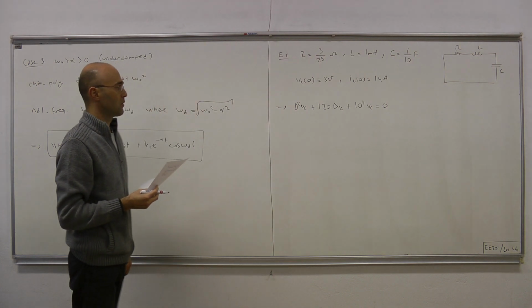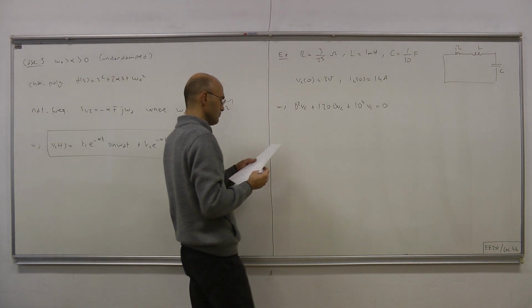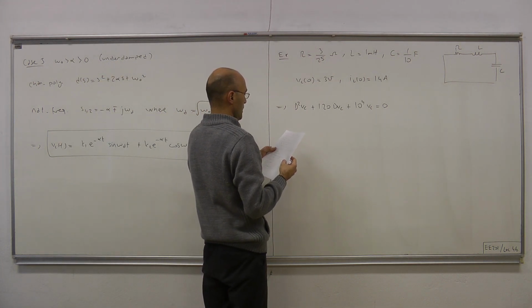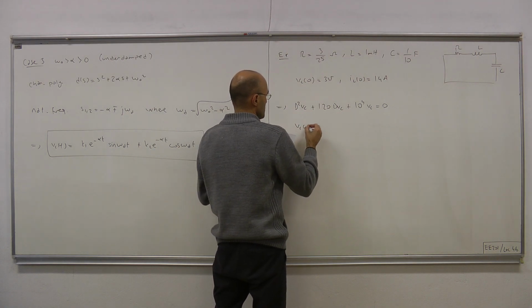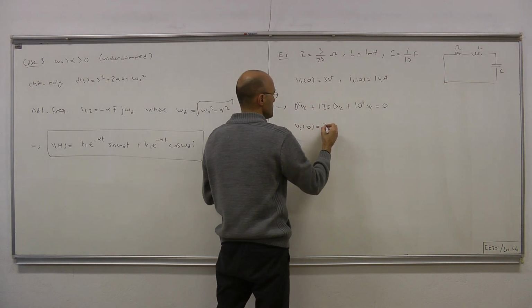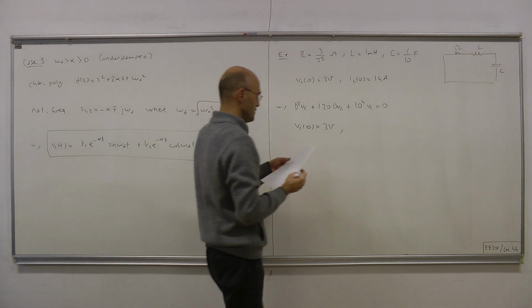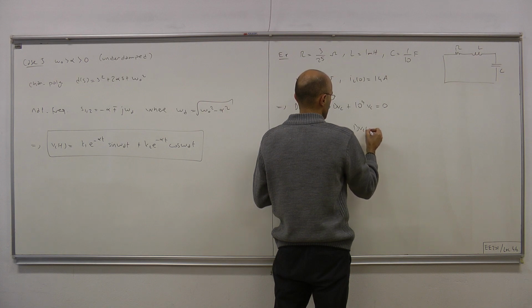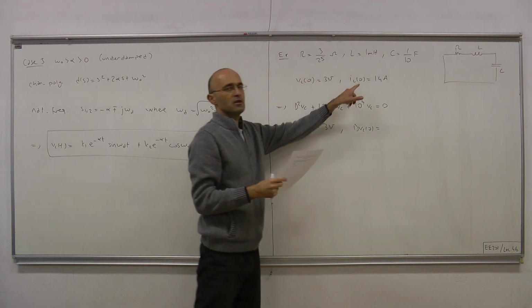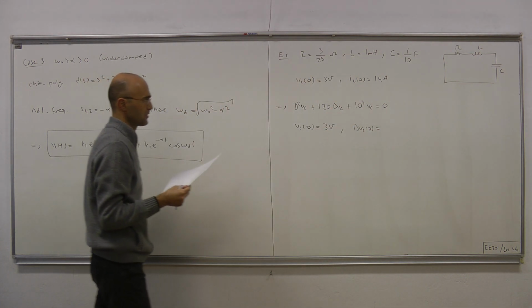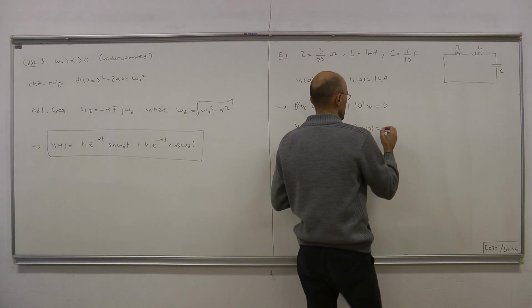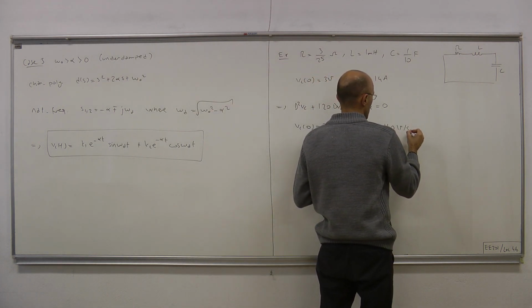So that's our differential equation. And we need initial conditions for this differential equation. Vc(0) is given, and dVc(0) is the initial inductor current over the capacitance, which is, in this case, 140 volts per second.